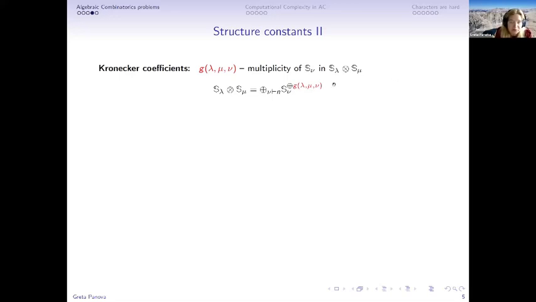These G lambda mu nu are the Kronecker coefficients. Again, non-negative integers just by definition. And if you want to do Schur functions or characters, you can compute them this way. For practical terms, a lot of the times we use this when we want to work with them, but the fact that they are non-negative integers is not clear from this picture at all. It's clear from the definitions from representation theory.